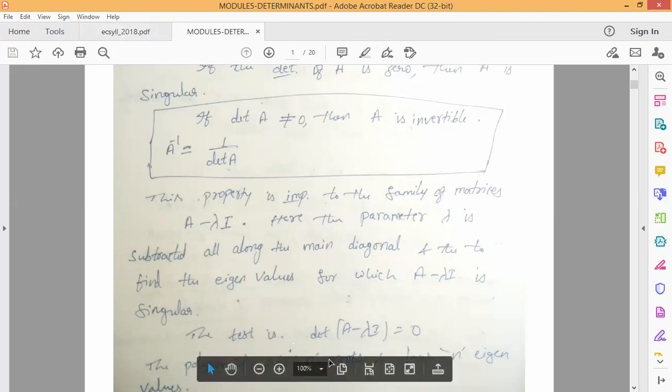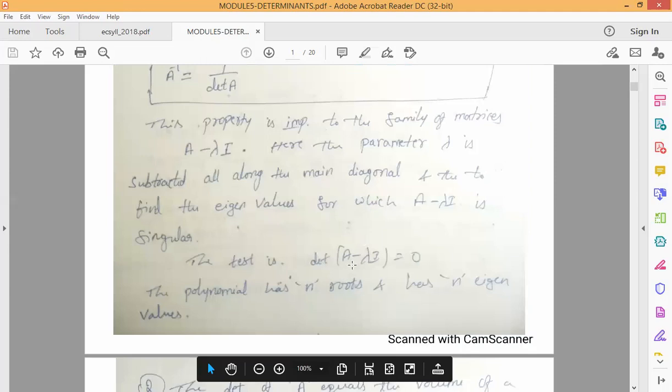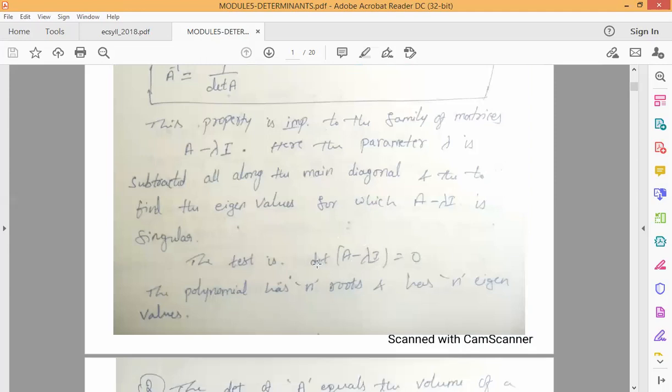Now for this equation A minus lambda I, we are going to calculate the determinant, and if the determinant is equal to 0, then we can say that it is singular. This will be useful in finding the eigenvalue. All these properties you need to remember.